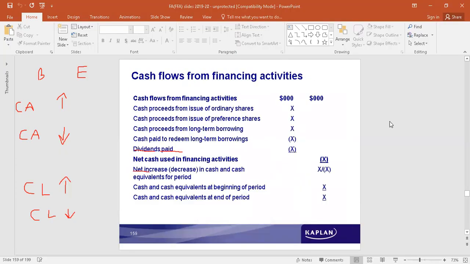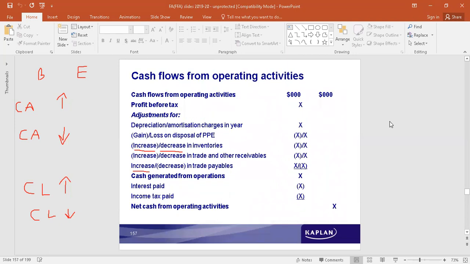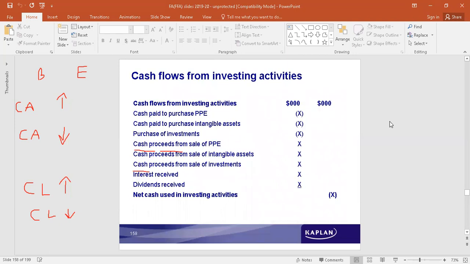So that's the explanation of cash flows from operating activities, both direct method and indirect method. Second section is investing activity. When assets increase, it is a purchase. It's as a result of purchases.